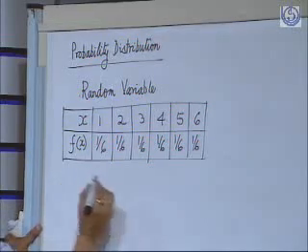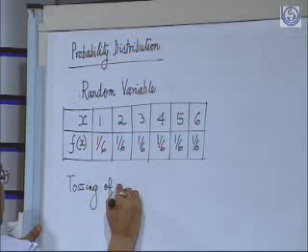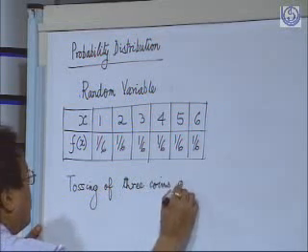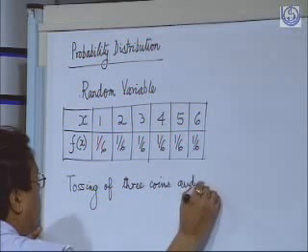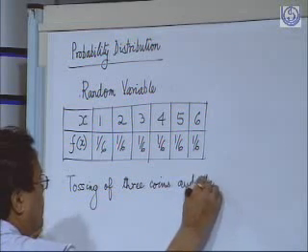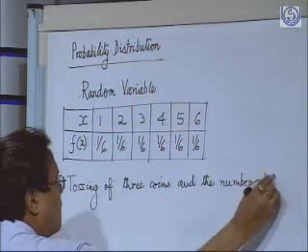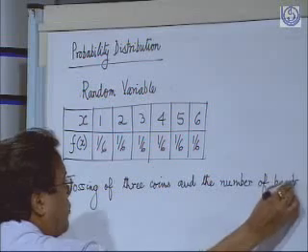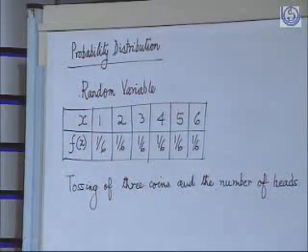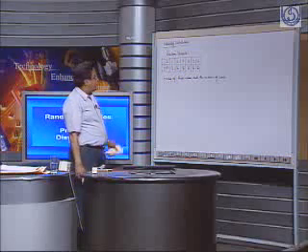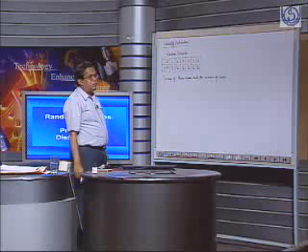Now let me describe that particular event. Tossing of 3 coins and the number of heads. So can you prepare this table? Tossing of 3 coins and number of heads.